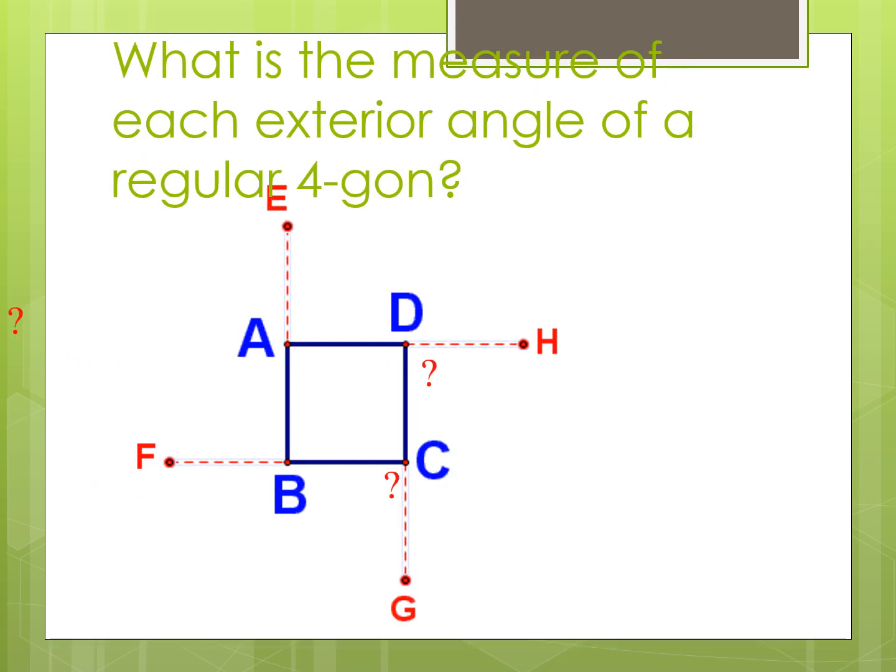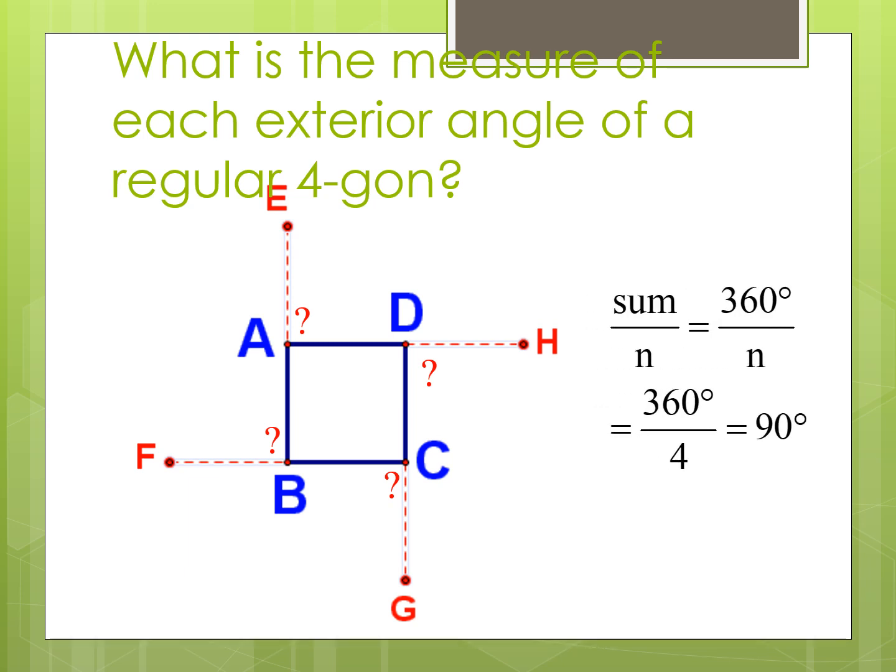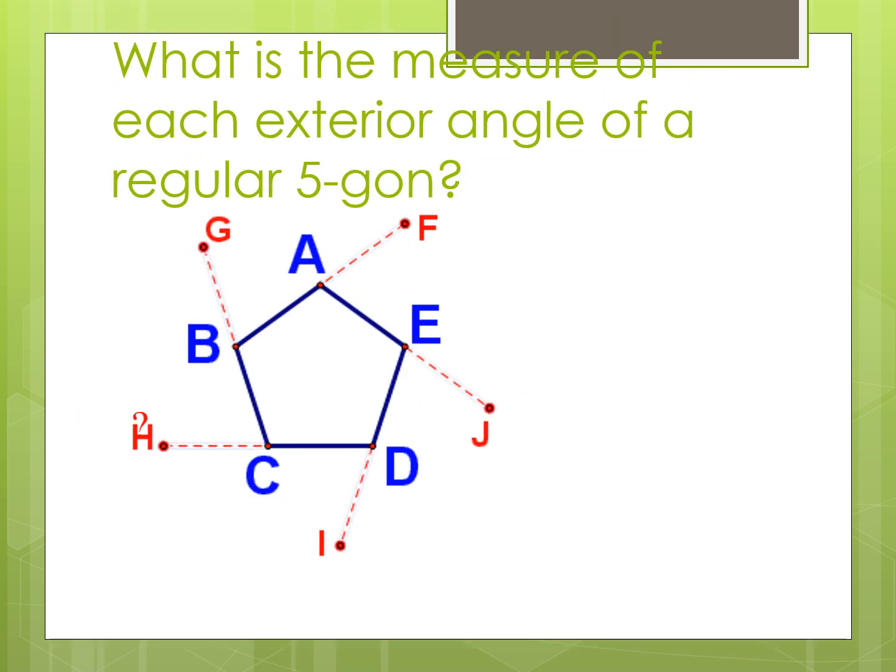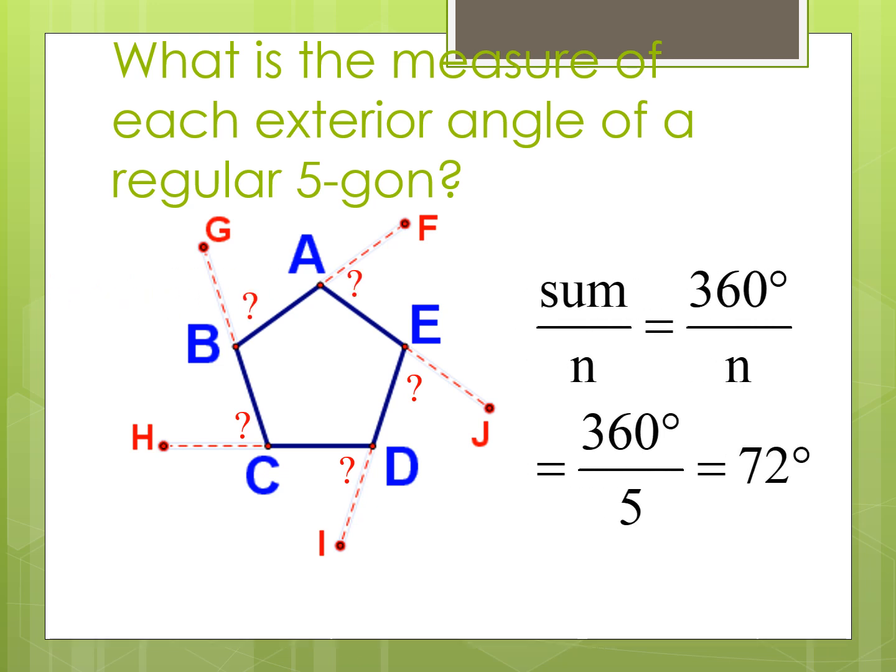In the regular four-sided polygon, we have 360 divided by 4, and that is 90 also. We also have the five-sided polygon, 360 divided by 5, which is 72, because the interior angle of the regular pentagon is 108, and 108 plus 72 is 180.